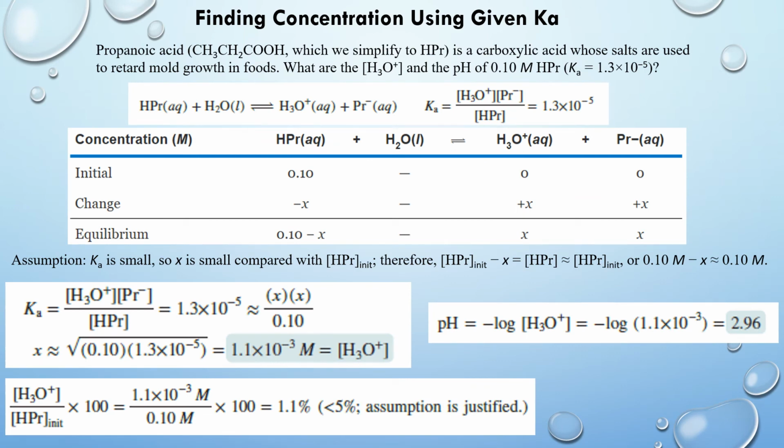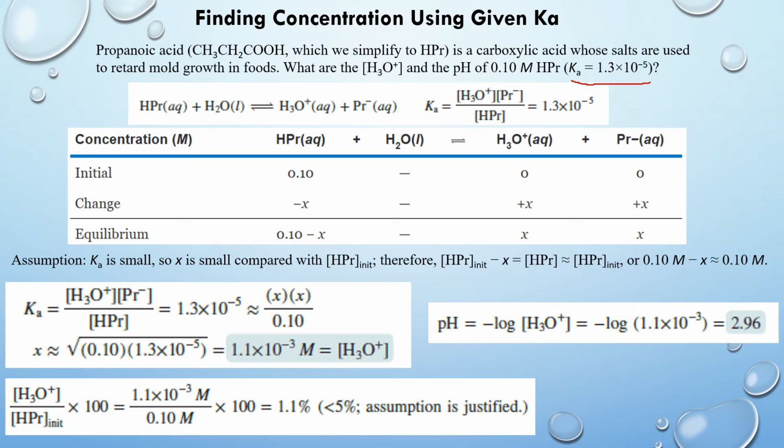The second type of problem is using the given Ka values to find the equilibrium concentration of the species after the dissociation of the acid. In this problem, we have propanoic acid, HPr for short, and we know its Ka value is 1.3 times 10 to the negative 5, which is a very small Ka value.